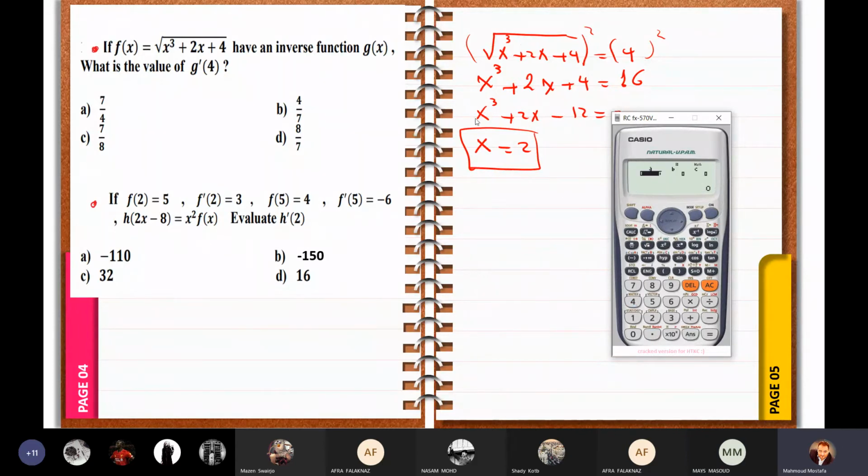Now, insert a is what? 1. b is what? 0. c is 2. d is negative 12. Then equal. x1 is 2. x2 has i. x3 also has i. So we have only x is equal to 2.